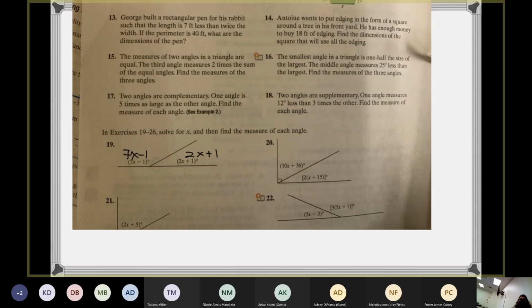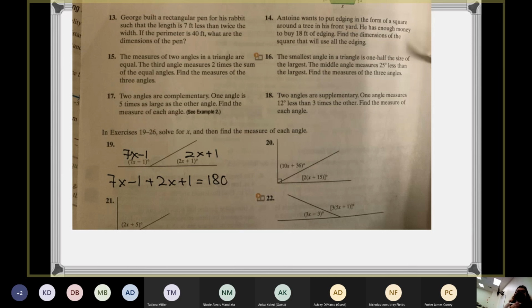Do 7x minus 1 and then plus 2x plus 1 equals 180. That is absolutely correct. So go ahead and finish this.